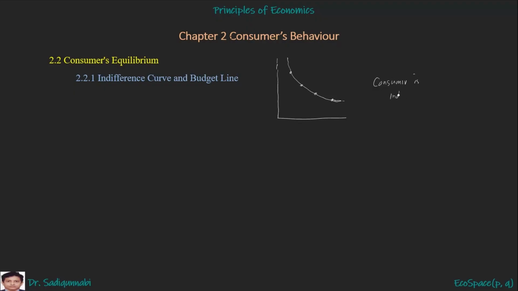Suppose it is point A, point B, point C, point D. The consumer is indifferent among various points on the IC. This is called IC, the indifference curve. Why?